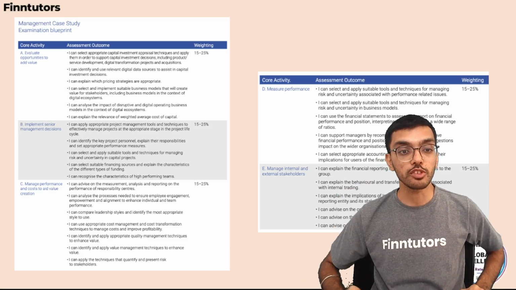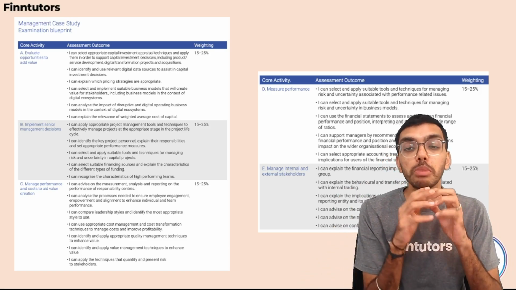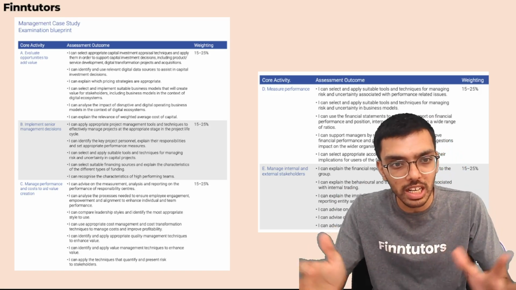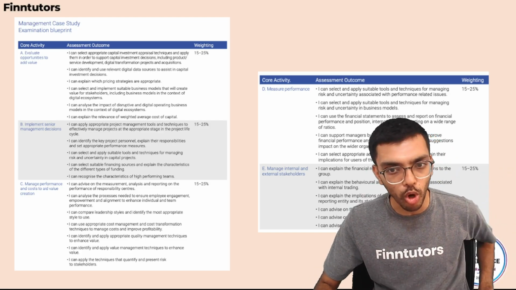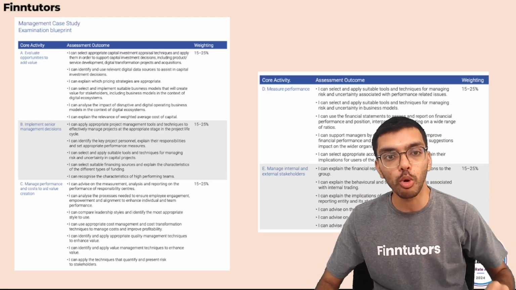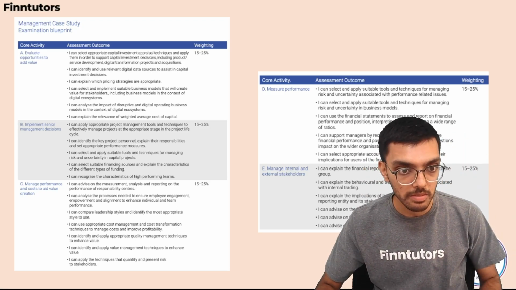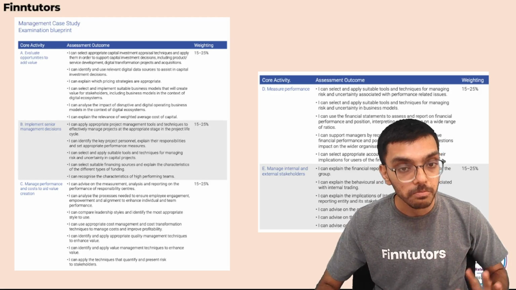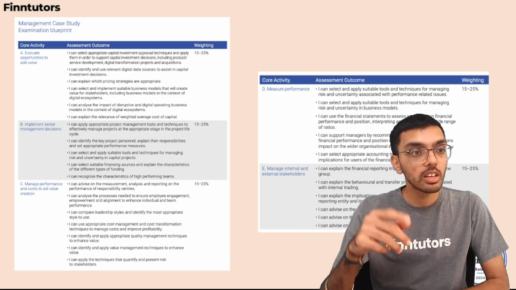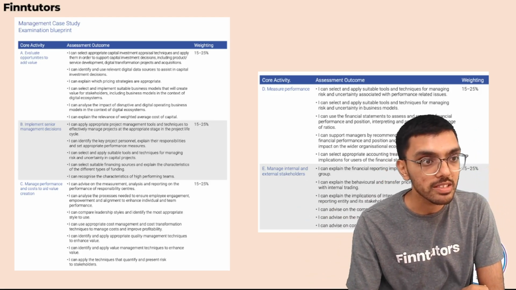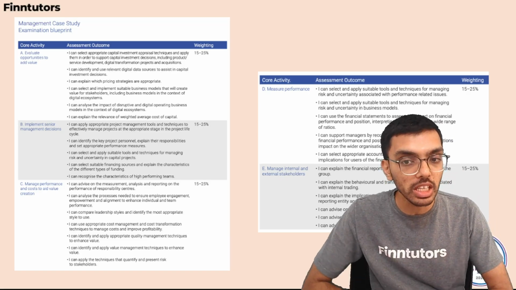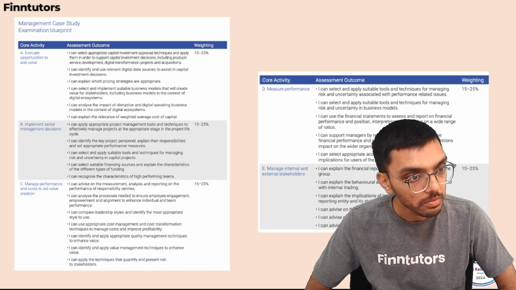So CIMA says that to be a good finance manager, broadly, all of the categories and all of the roles that I spoke of can be grouped into 5 core areas. That is what CIMA is saying. What are these core areas? The first core area is on your left hand side: evaluate opportunities to add value.